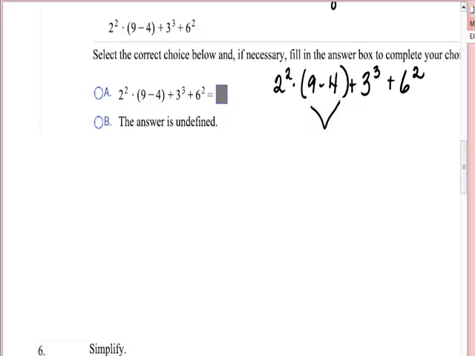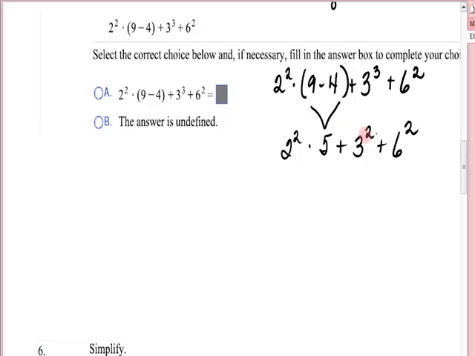Now, within the parentheses, I notice that I have what I consider a low-level operation of subtraction, but the fact that it's in parentheses means it has the highest priority. So I will do 9 minus 4, or 5. And I'm going to copy everything else down. You may be able to do more than one step at a time, but like I said, I will not do that. All right, so I've done my parentheses.